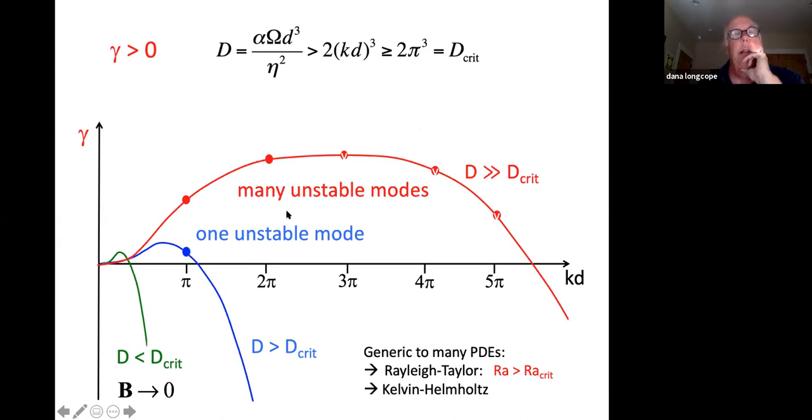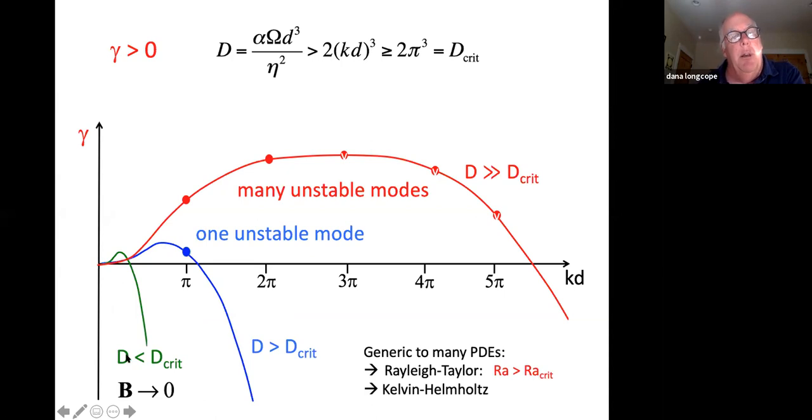And if your growth rate, gamma, as a function of wave number, say, has a large region of positive values, then many, many modes are going to go unstable. And you'll have a problem where you have a superposition of many, many frequencies.